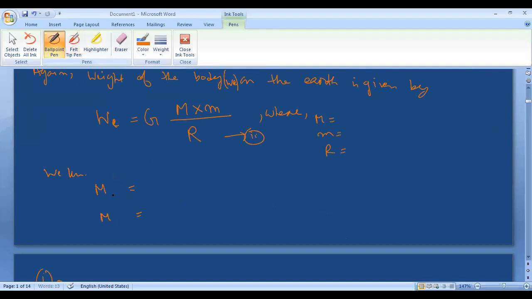That means capital M small e is the mass of the Earth, and capital M small m is the mass of the Moon, then RE and RM. So write down the values: 5.98 into 10 to the power 24 kg, then 7.36 into 10 to the power 22 kg. Then RE will be 6.37 into 10 to the power 6 meter, and RM is 1.74 into 10 to the power 6 meter.